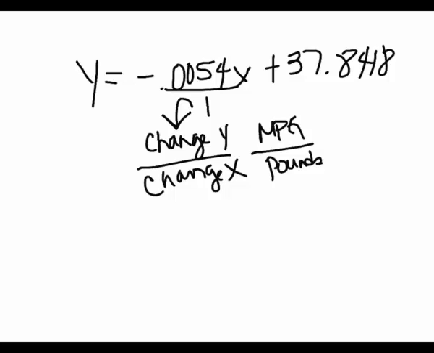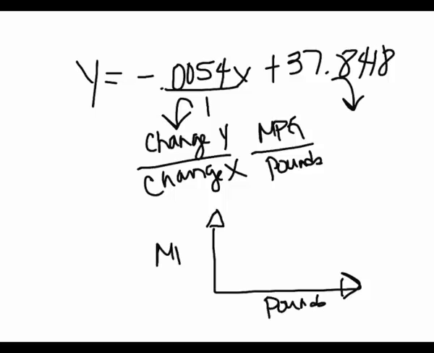Now, the y-intercept, that is, if you think about it, here is your graph, right? And on the x-axis, you have pounds. And on the y-axis, you have miles per gallon. Well, this number is where your graph touches the y-axis. But in this case, it makes no sense because this right here is 0 pounds.